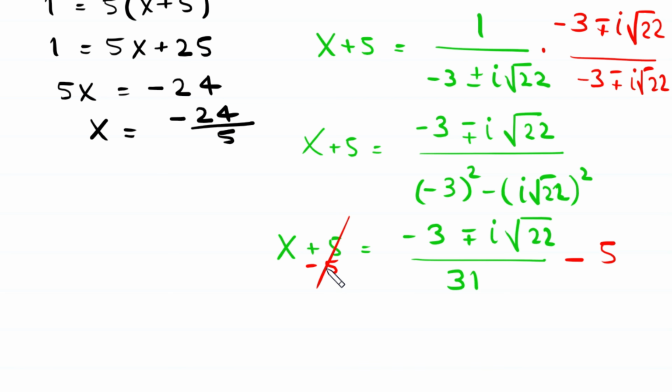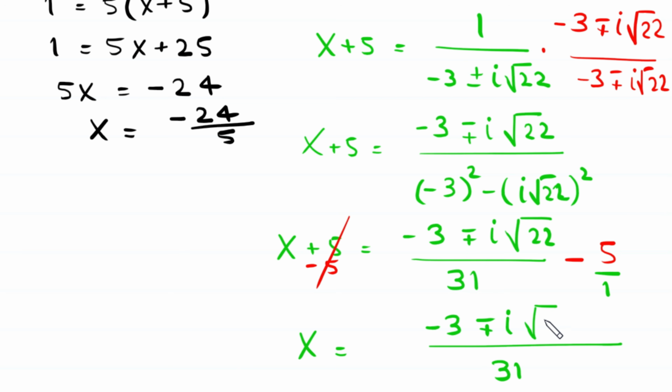This cancels out, and x will be equal to, we can write the denominator 1, take the LCM. The LCM is 31, so this becomes (−3 ∓ i√22 − 31 times 5, which is 155).